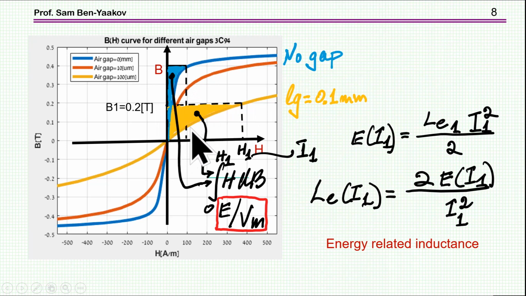Once you do this, you can define an energy-related inductance. This is an ad hoc definition, and you can define it by the formal equation for energy in an inductor, from which you can see that this energy-related inductance is a function of this expression, and it will change with the current.